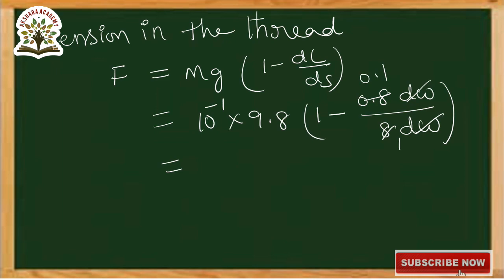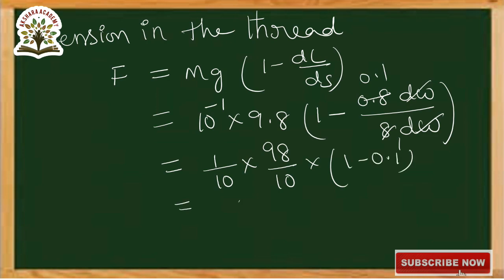So that equals 1/10 into 98/10 into (1 minus 0.1), that is 98 by 100 into 0.9.